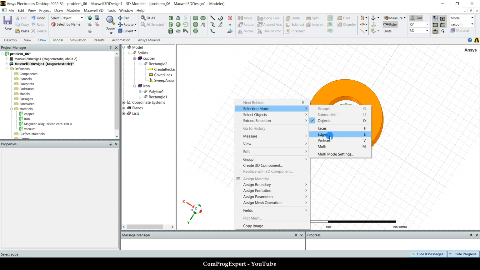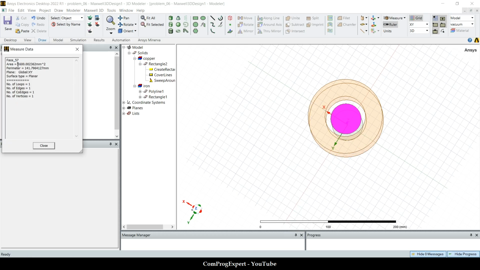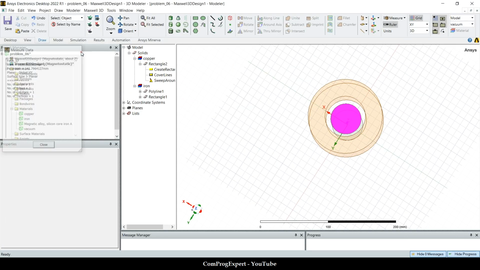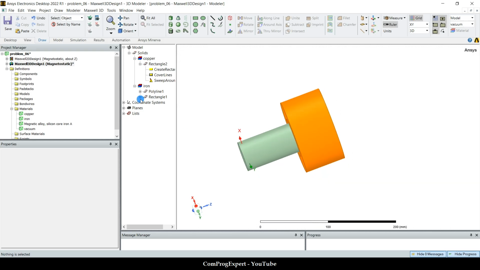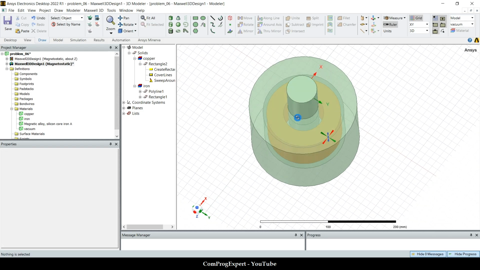Face selection. Okay, measure the object. The area is the same as what we have here, this number. This is the cross section area of the air gap between the moving part and this stationary part.